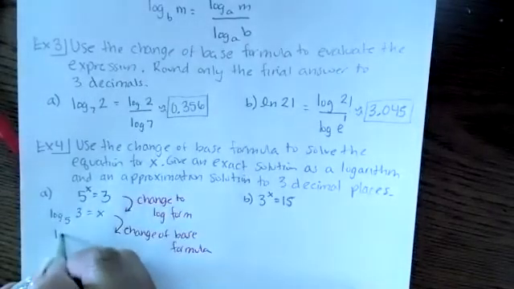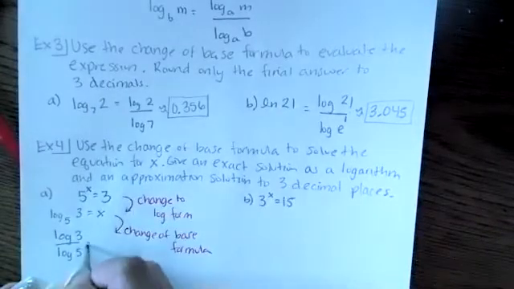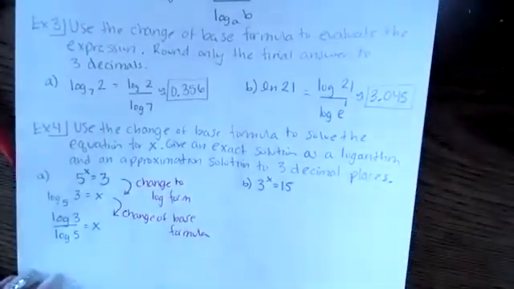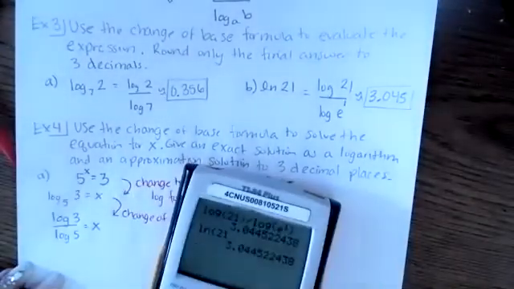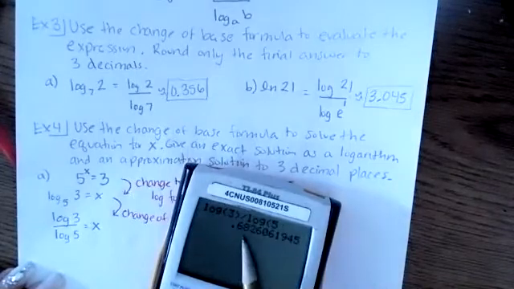So this is going to be log 3 in the numerator, log 5 in the denominator. Log 3 divided by log 5, and that is 0.683.